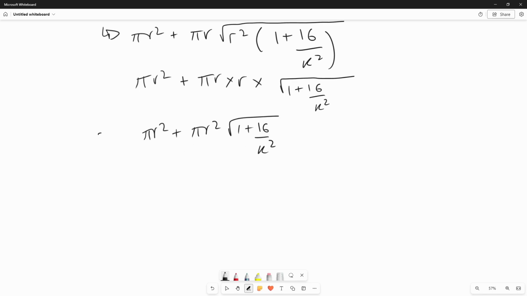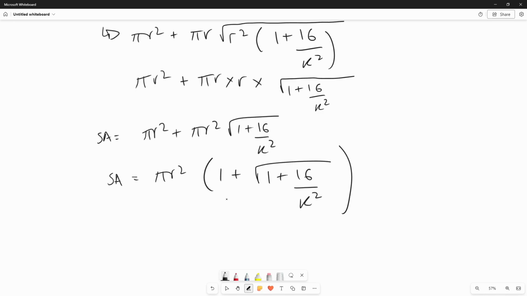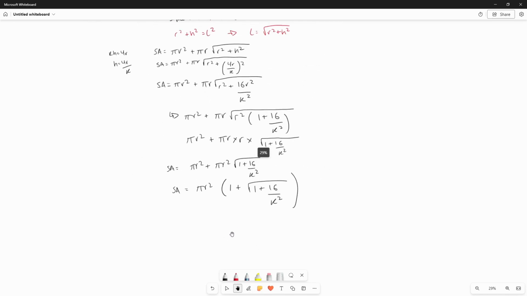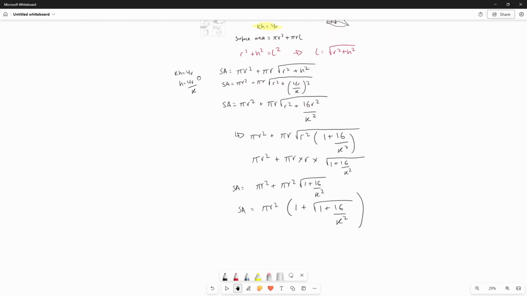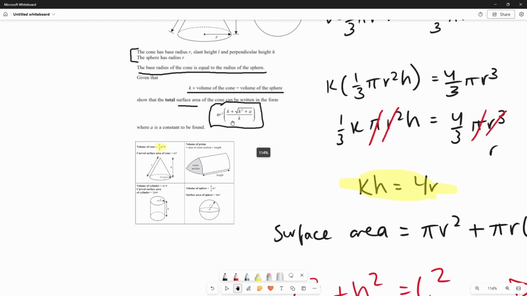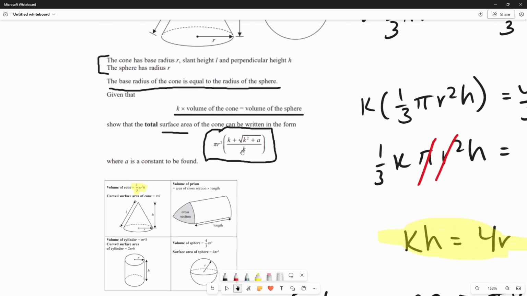So now this is the equation of the surface area still. We're going to factorize pi r squared out of it altogether. So that's something you can do. One lot of pi r squared here, and this surd, lots of pi r squared here, so it's going to be... still we're not quite there yet when it comes to having this form.